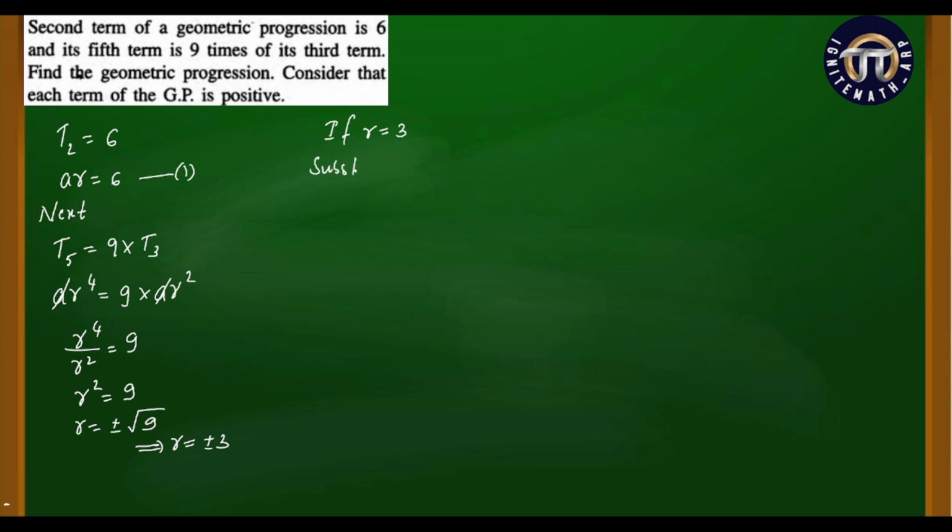So substitute R in any of the equations. I'll just consider equation 1. So A into 3 is equal to 6. A is equal to 6 by 3, 2. So I got A as 2 and R as 3. So A and R are sufficient for me to find out the GP.